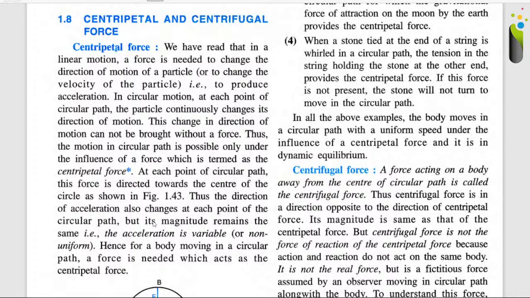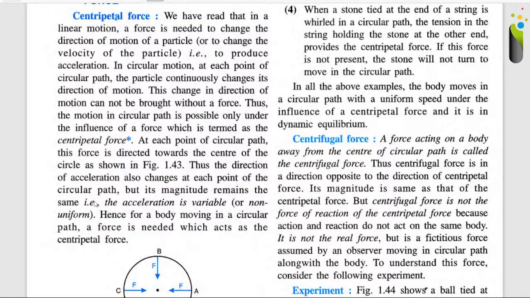In circular motion, at each point of the circular path, the particle continuously changes its direction of motion. This change in direction of motion cannot be brought without a force. Thus, the motion in circular path is possible only under the influence of a force which is termed as centripetal force.